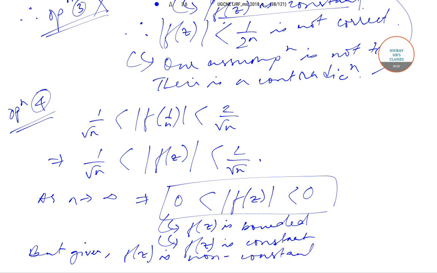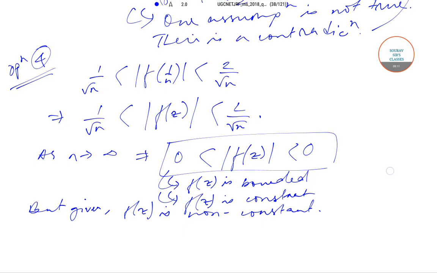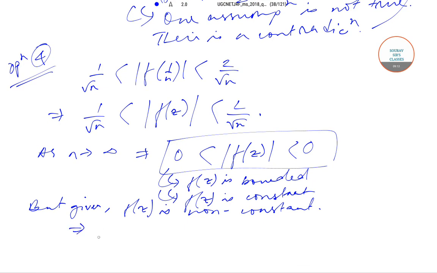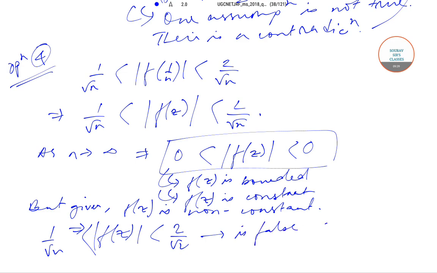So if f of z is non-constant, that implies that the given condition, that mod of f of z is less than 2 by root n and greater than 1 by root n, is false. So option 4 is also incorrect.